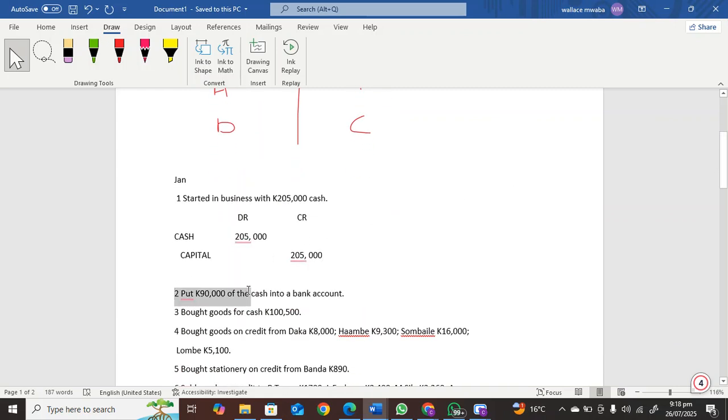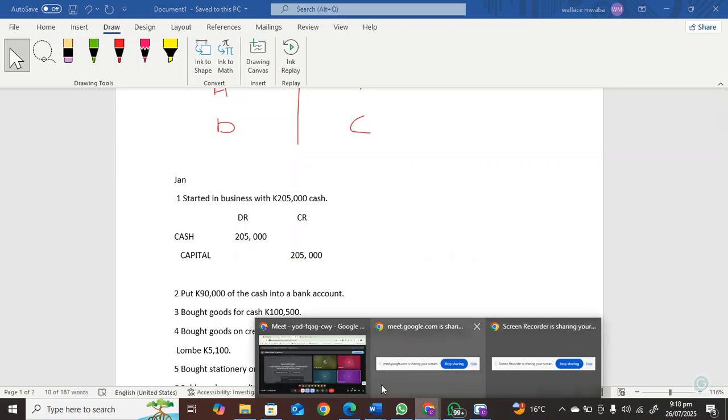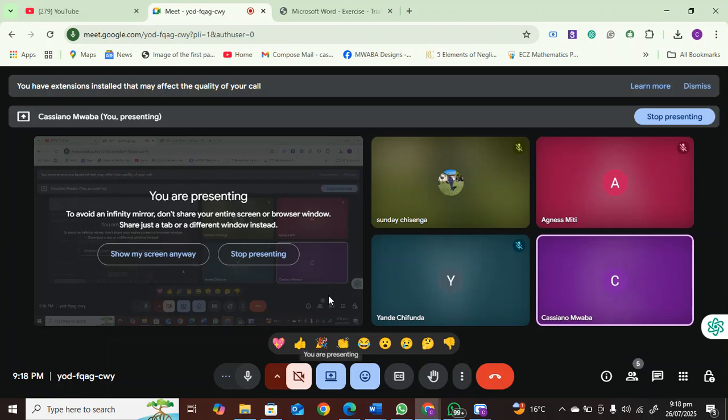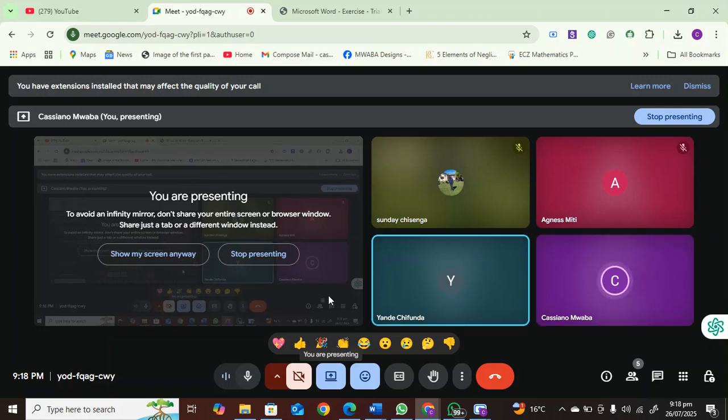Put 90,000 of the cash into the bank account. So colleagues, what type of transaction is this? Oh, or if you don't know the transaction, you can tell me, okay, the accounts involved. Yes, Madam Agnes? Remember, since you are three, yes, Madam Yande?